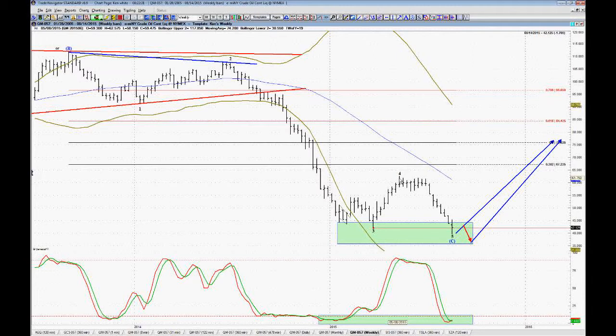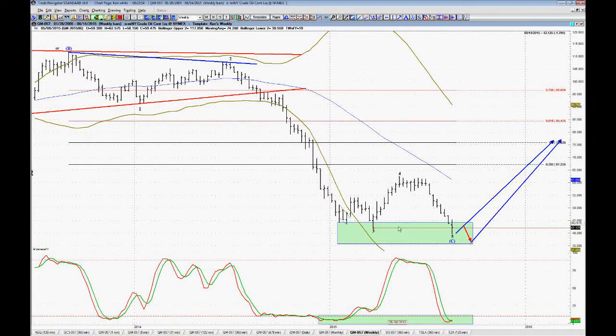Those waves, 2 and 4, are typically equal or approximately equal in size, but different in their complexity. So notice wave 2 here goes up, down, and then up, whereas wave 4 just goes almost straight up.